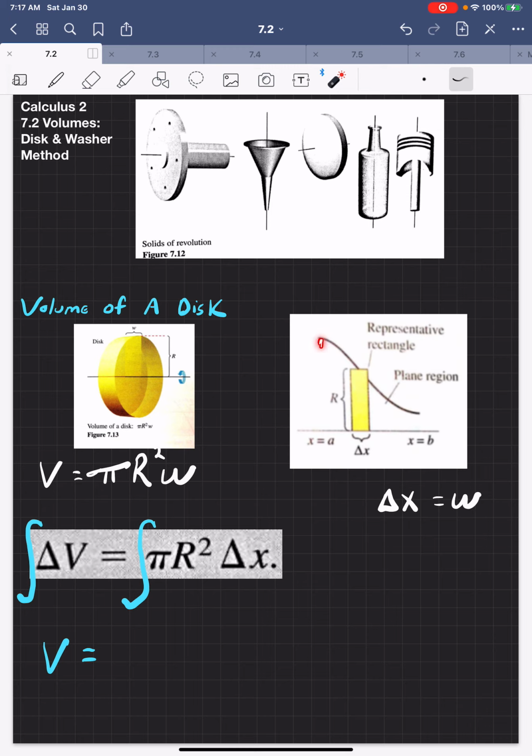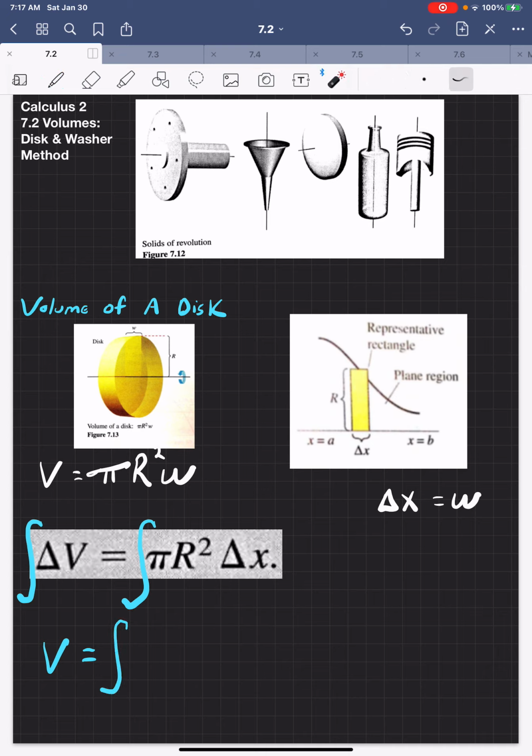Because remember, you can imagine this entire thing is composed of an infinite amount of disks, and we want to find the volume of the whole solid. So the volume of the entire solid can be found by simply integrating.